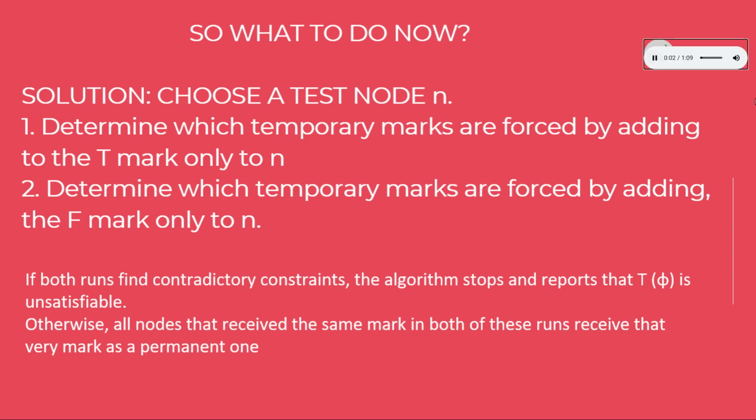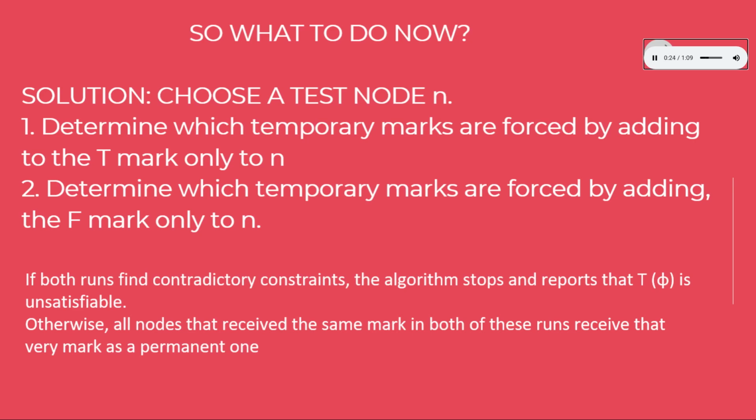The cubic SAT solver provides a way out of this stuck condition. This is precisely the major difference between the two SAT solvers. The solution is to choose a test node n and then apply these two steps.